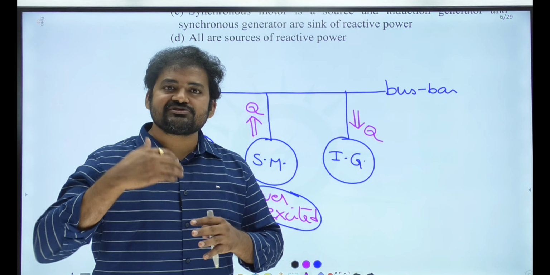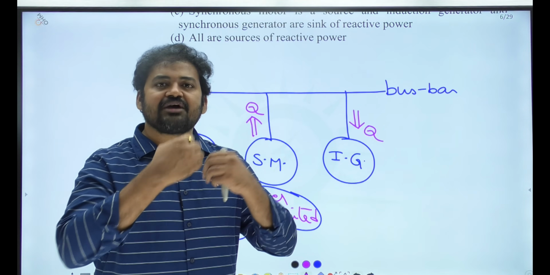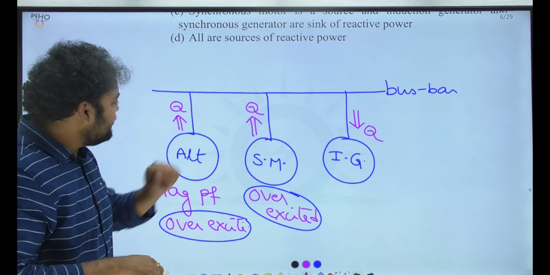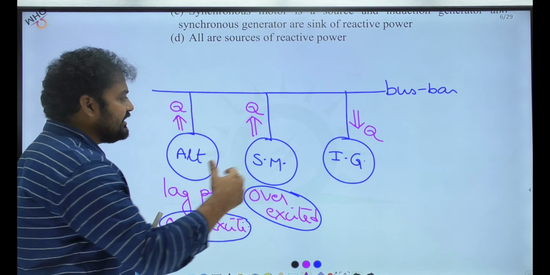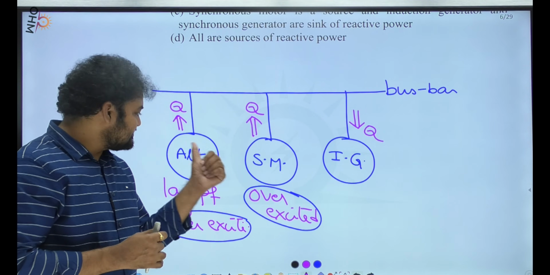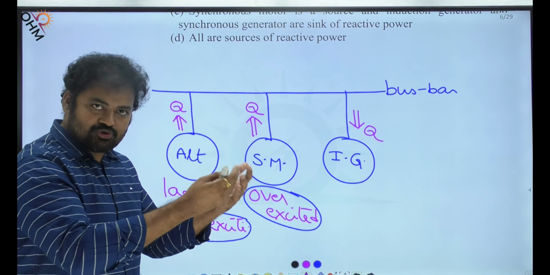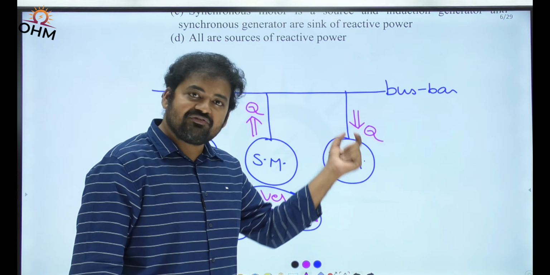So in order to set up the magnetic field in the air gap, the induction machine will always absorb reactive power. Therefore, both synchronous machines, generator and motor, are acting like reactive power sources and the induction machine is acting like a reactive power sink.